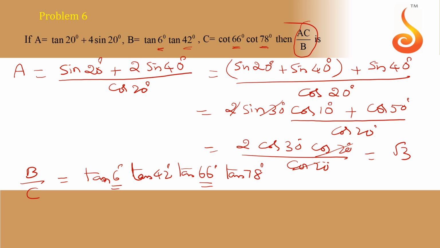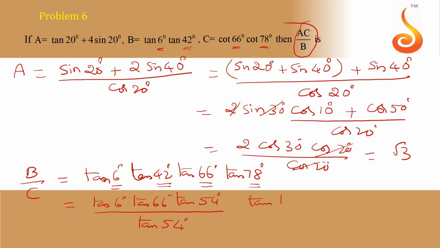Let us multiply and divide with that. And observe the other two angles, 42 degrees and 78 degrees. If you observe carefully, this is 60 minus 18 degrees and this is 60 plus 18 degrees. So if I write what are missing, tan 6, tan 66, tan 54, because for the formula I multiplied, I am compensating it by dividing.